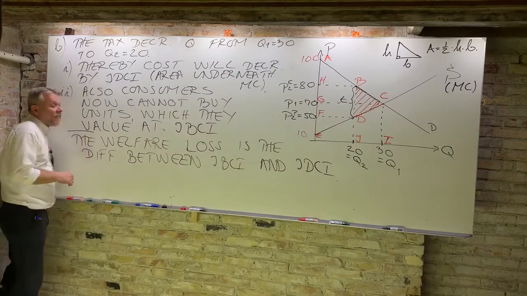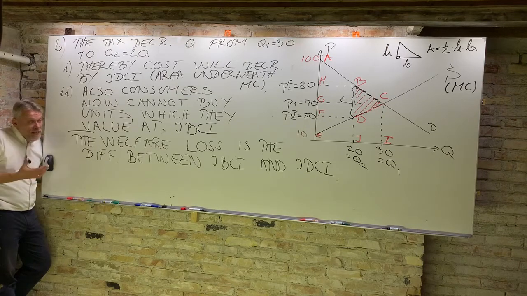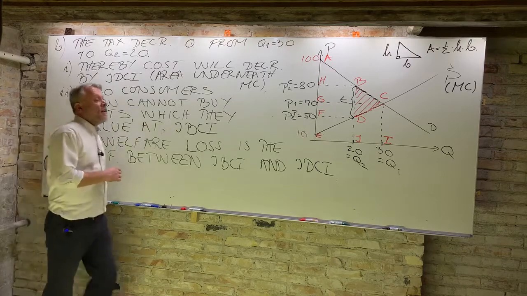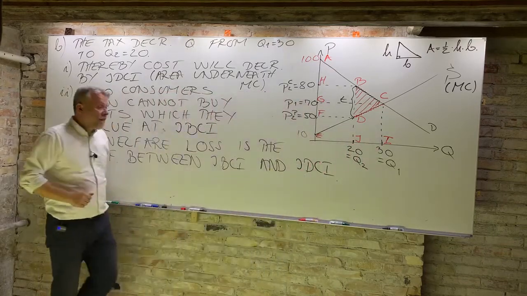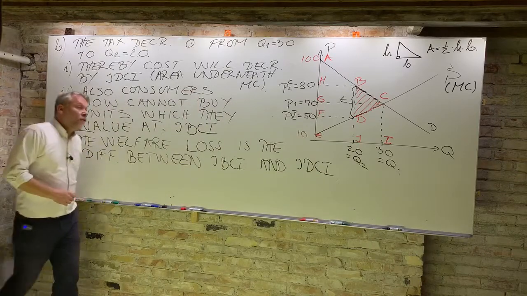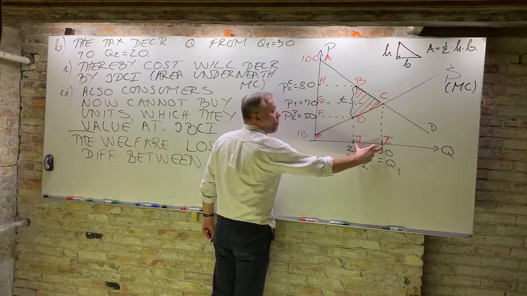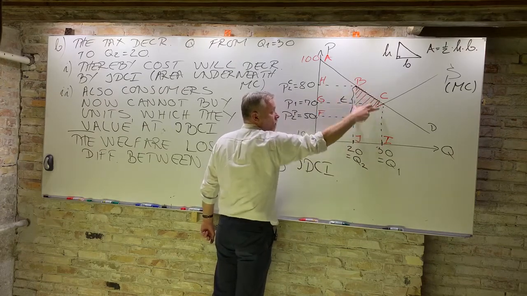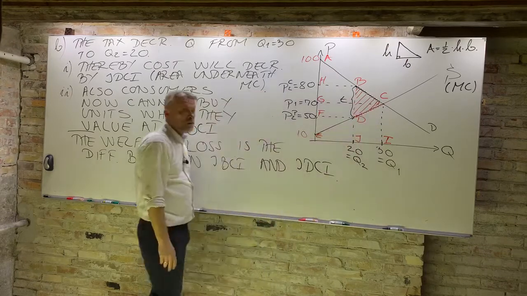And in my opinion, at least, that's a more intuitive way to think about the welfare loss. The problem here basically is that the reason why the tax causes a welfare loss is that the tax causes the quantity to drop. And it's really not a very good idea for the quantity to drop if those units which are no longer being produced and consumed now are worth more to consumers if they were allowed to consume them than they cost to produce.